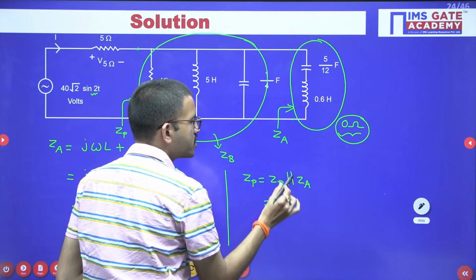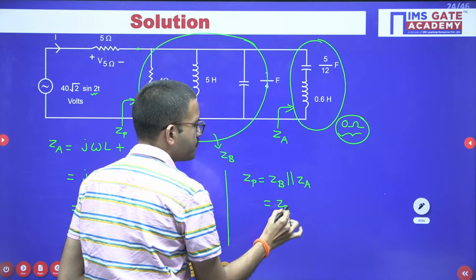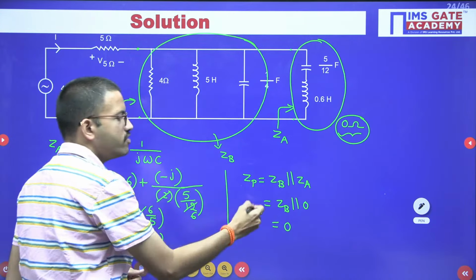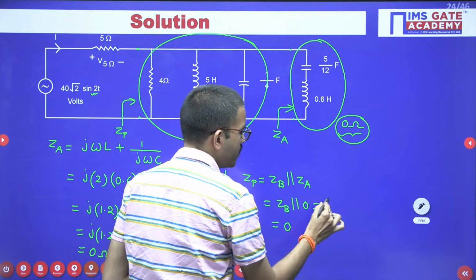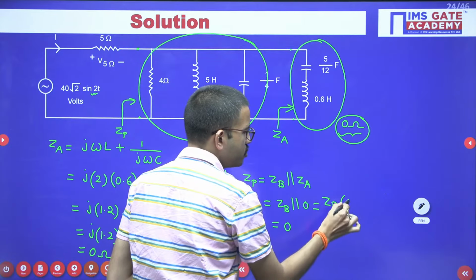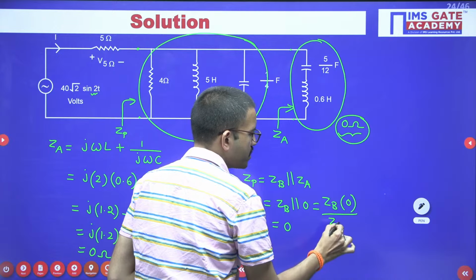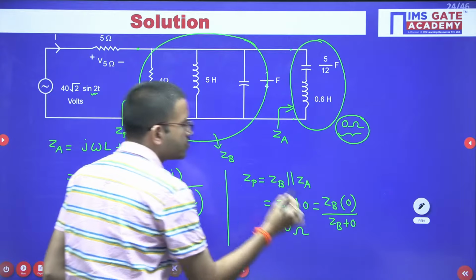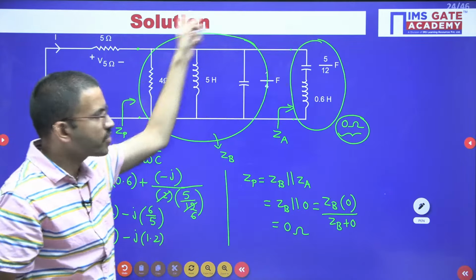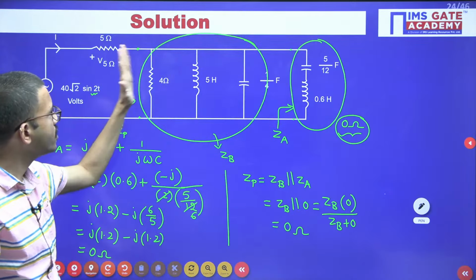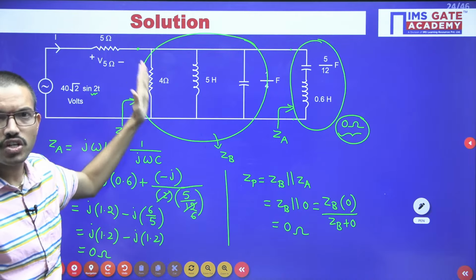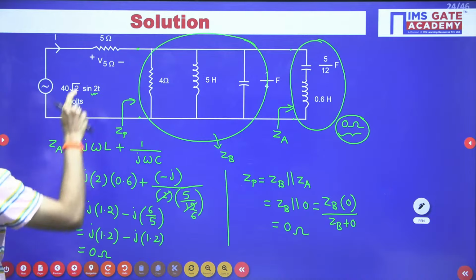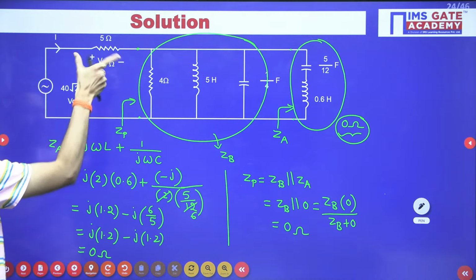Since ZA is 0, you are going to get the overall impedance as 0. Z1 Z2 by Z1 plus Z2. If you want, I will write one more step: ZB into 0 divided by ZB plus 0. So you are going to get 0 ohm. So this overall network we can replace with one short circuit. That's all. That means in the overall circuit you are having only the AC source and resistor.